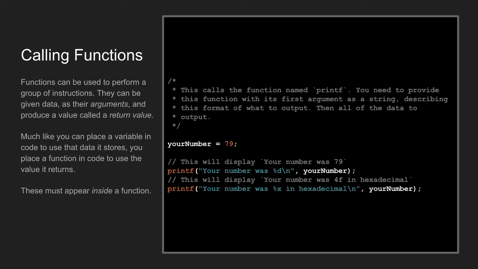So for printf, it takes a string literal with some special stuff in there to tell it how to display the rest of its arguments, and then you put the arguments in afterwards that you want it to display. As you can see here, the first one will print out your number was 79, and the second one will print out your number is 4f, because we can print it in hexadecimal as well.